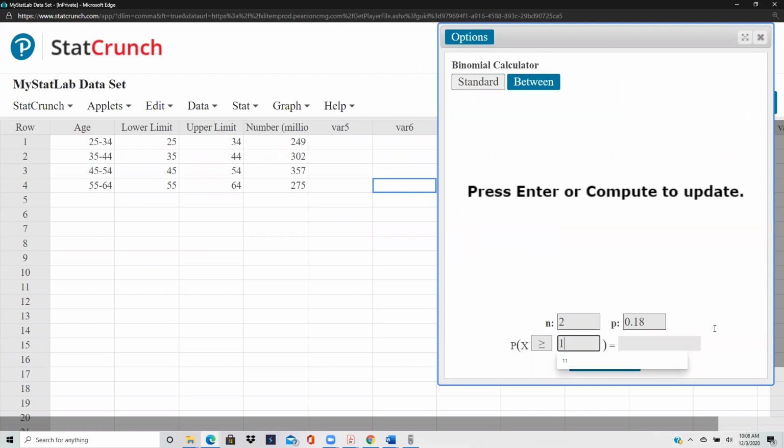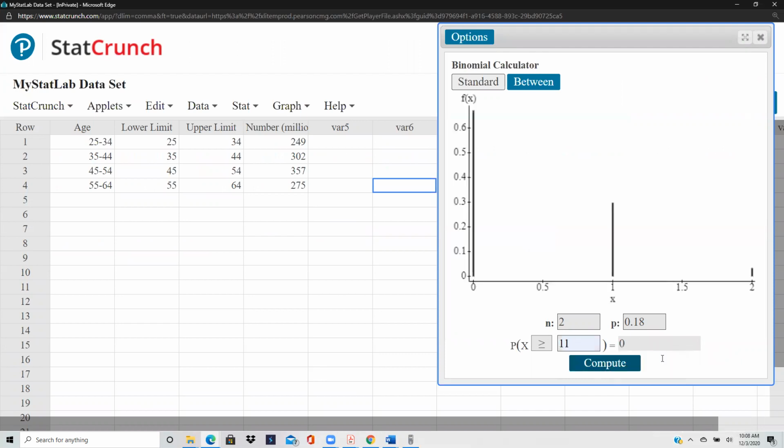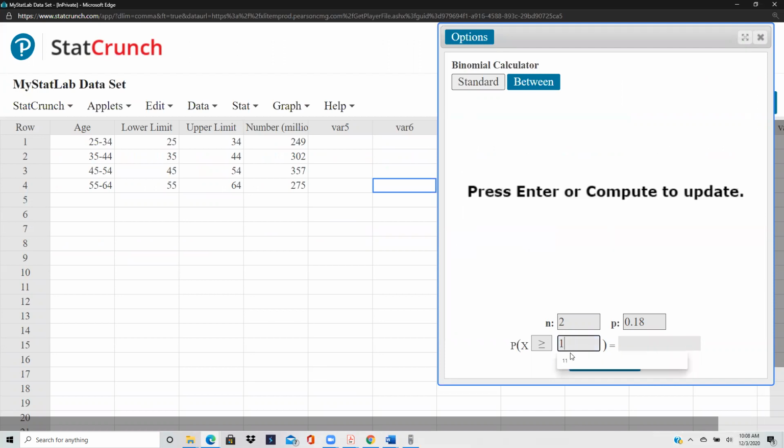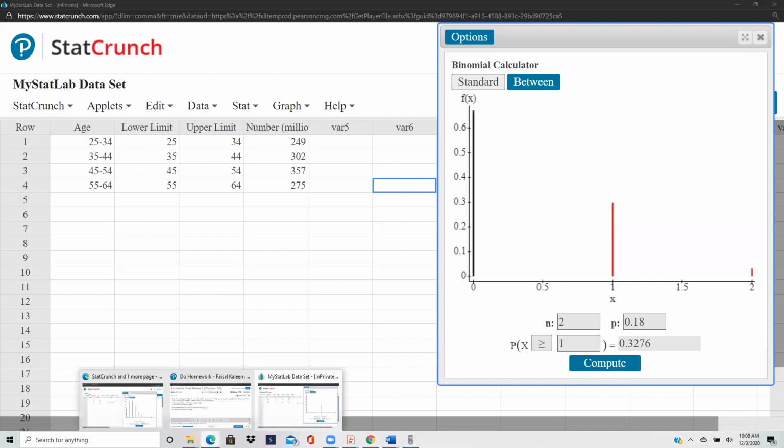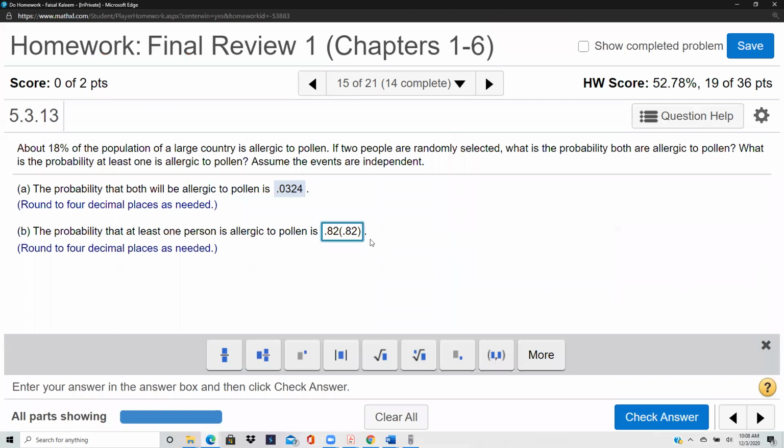This is not how we are expected to do this, but why not? Oh, not 11. 1. This stupid thing keeps changing. Do you see what's going on? There's a stupid autocomplete thing which is putting in the 11. Okay, 0.3276.